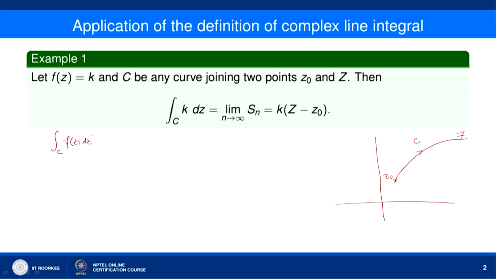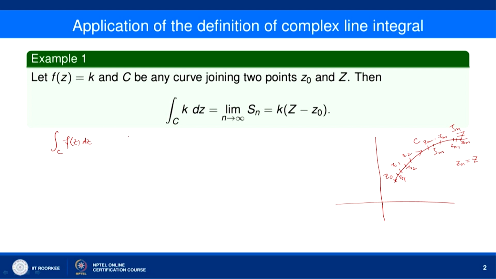What we had done was we divided the curve C into n parts by means of points z naught, z1, z2, and then z(m minus 1), z m, and then z n. So, z n is equal to capital Z, and then we had chosen arbitrary points zeta 1 here, zeta 2 here and zeta m between z(m minus 1) and z m, and between z(n minus 1) and z n we had chosen zeta n.